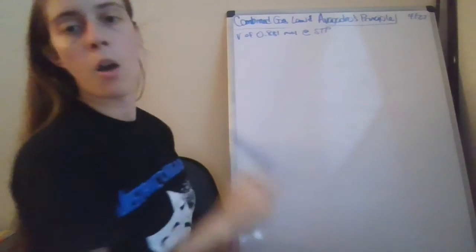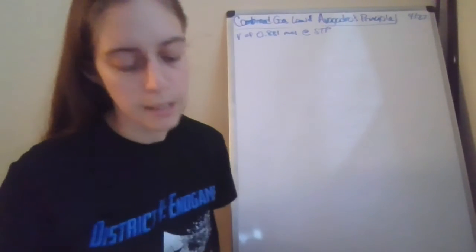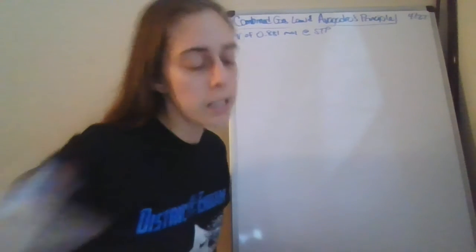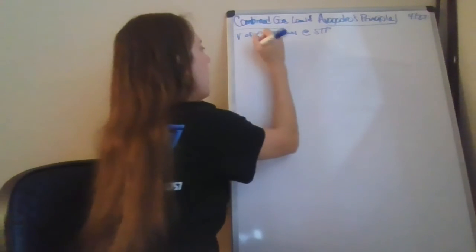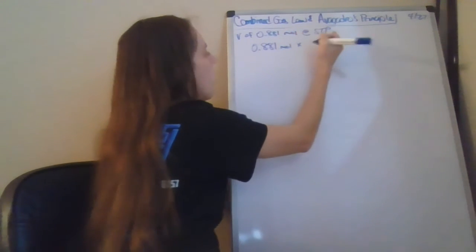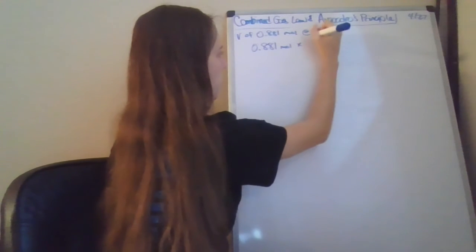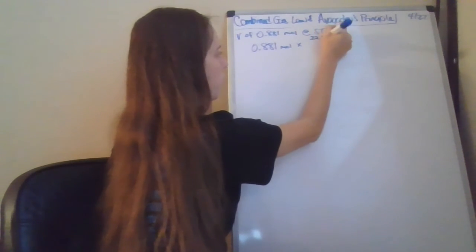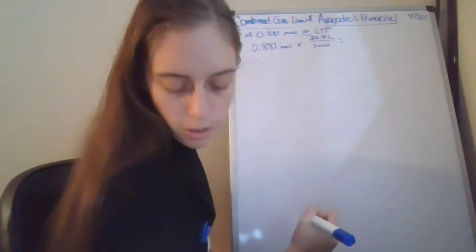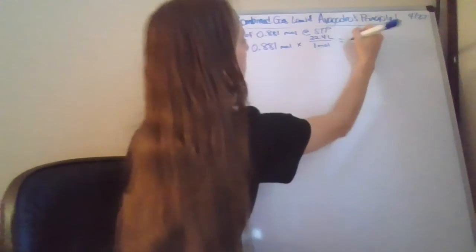So STP, 1 atmosphere, 0 degrees Celsius, or 273 degrees Kelvin. Okay, so first of all, let's figure out how many liters this is going to be. So we have 0.881 moles times, let's see, we have moles, we want liters, so it'd be 22.4 liters over 1 mole. 0.88 times 22.4 is going to give us 19.7 liters.